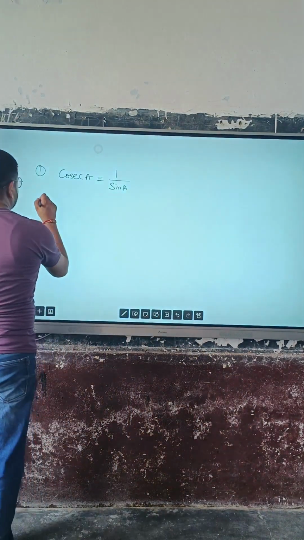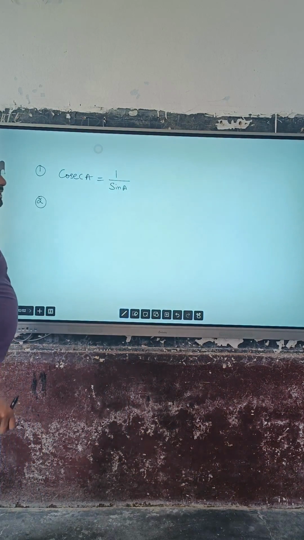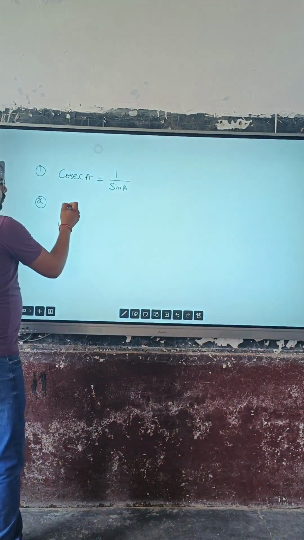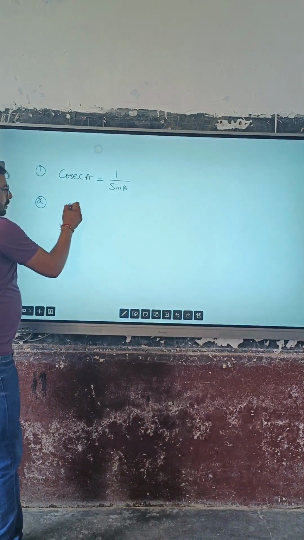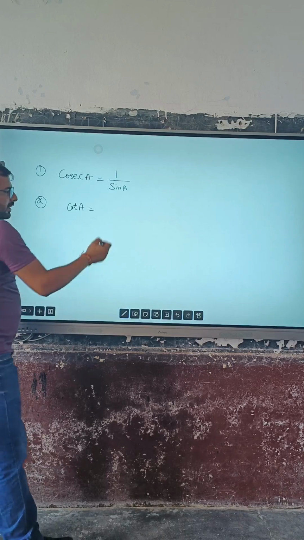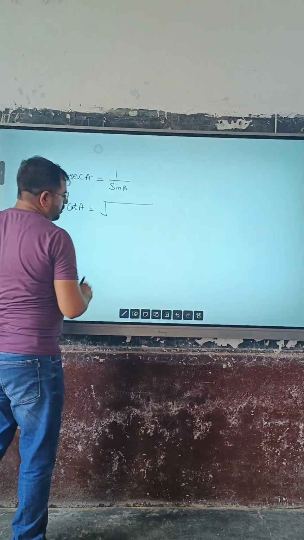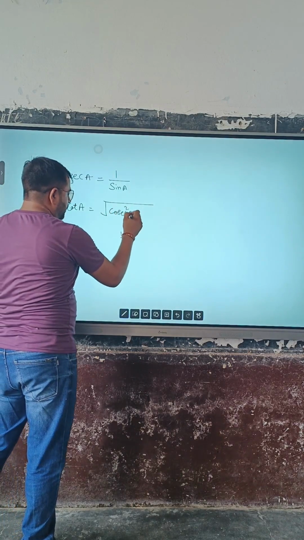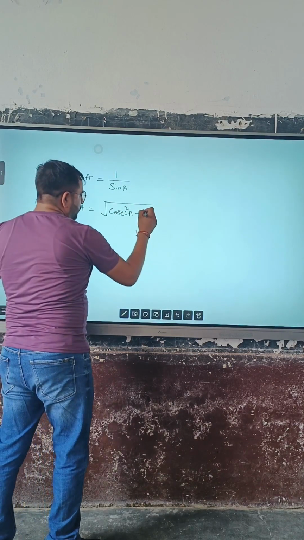And next, I am going to express cot. So we know that cot of angle A is equal to the square root of cosecant square A minus 1.